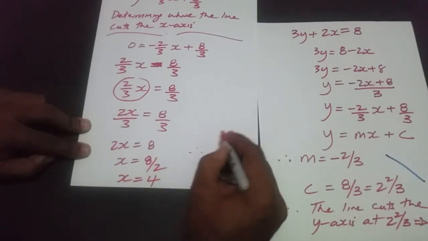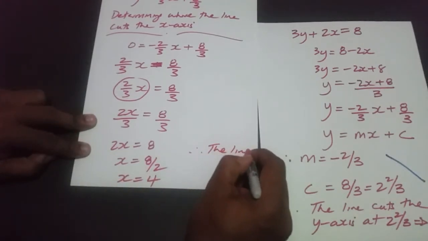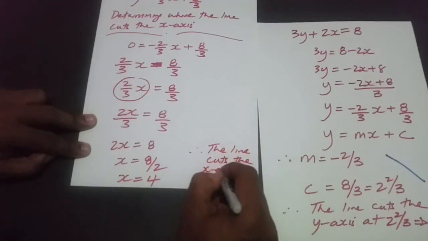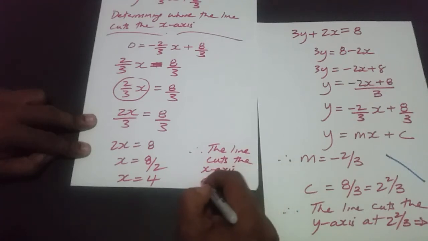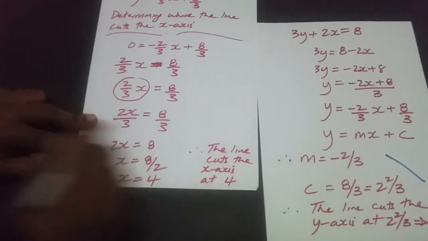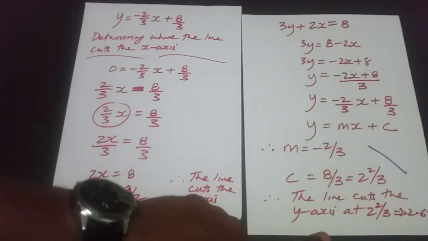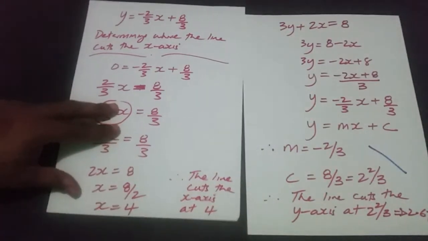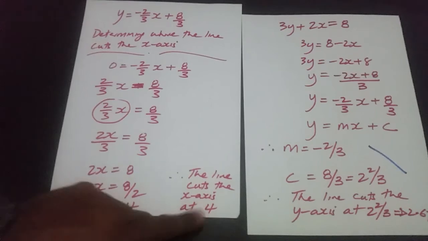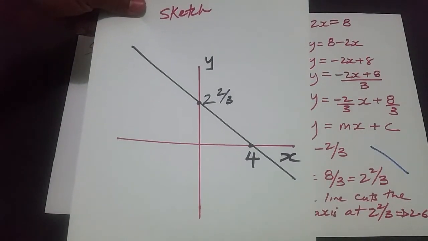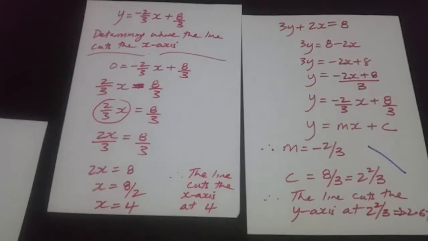So therefore, the line cuts the x-axis at positive 4, right? And now that we know where it cuts the y-axis, which is 2 and 2/3 or 2.67, and where it cuts the x-axis, which is 4, we could go ahead and make a sketch as we did before. So it's really up to you which method you want to use.